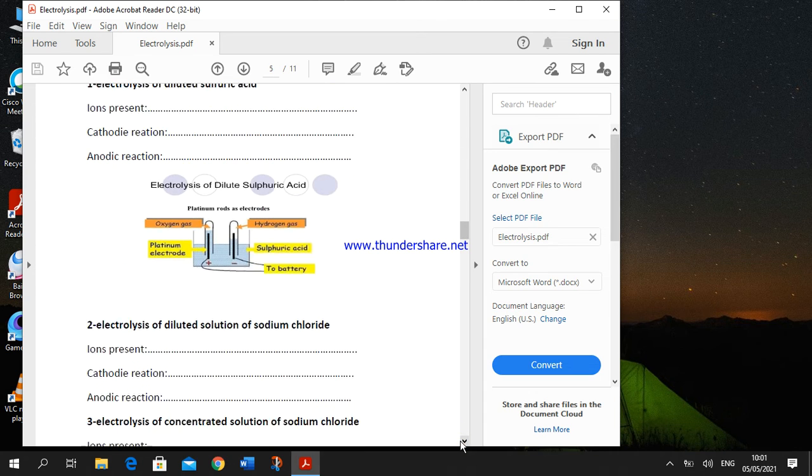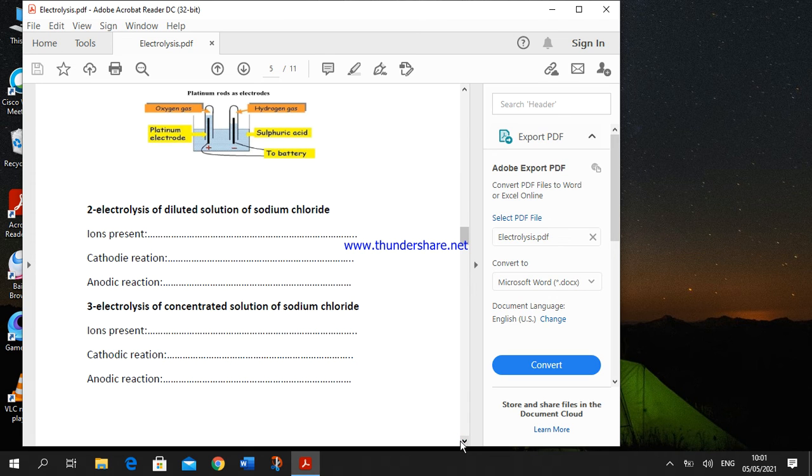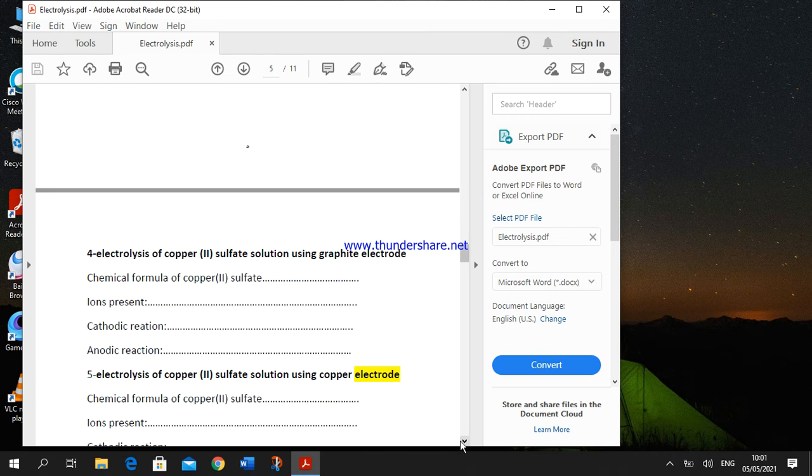Let's start the first example, the electrolysis of copper sulfate aqueous solution. What happens? The copper sulfate ionizes into copper positive ions and sulfate negative ions. Also, water ionizes into hydrogen positive ions and hydroxide negative ions. At the cathode, the negative electrode, the copper positive ions and hydrogen positive ions will be attracted.